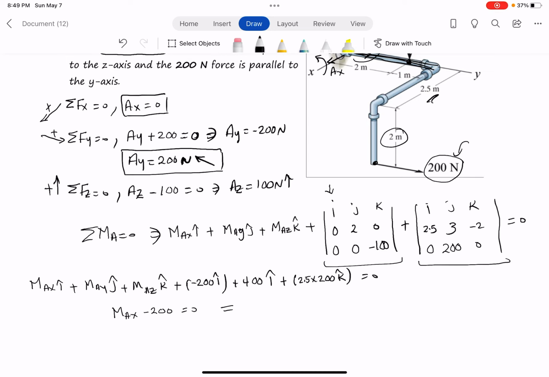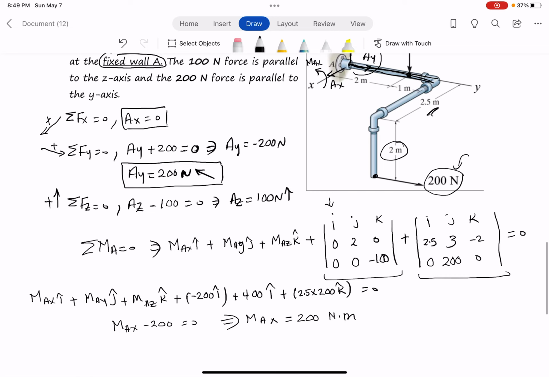equal to 0. So you could find out here that the moment of the reaction at A and the I, it's 200 Newton meter, and that's true. And our assumption is correct because we assume it is okay.